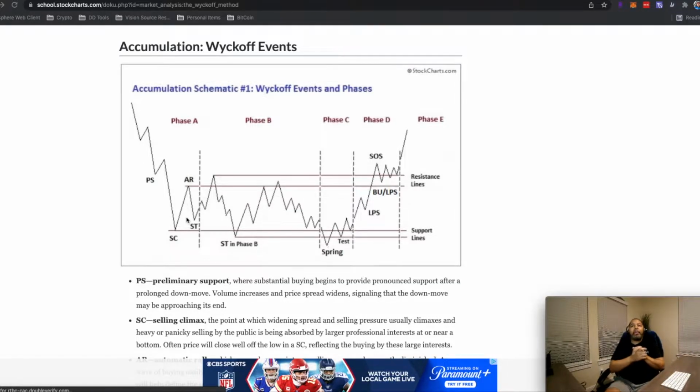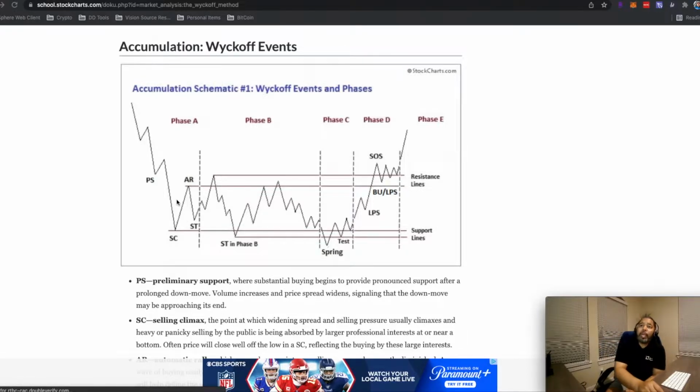So think about these different schematics like McDonald's and Burger King. You know that McDonald's has a Big Mac. You know that Burger King has a Whopper. These two burgers do not look alike, but they're still hamburgers. They're still burgers. That's how you can think about these different schematics. They might not look exactly alike, but the moves that you will see within them are still the same.